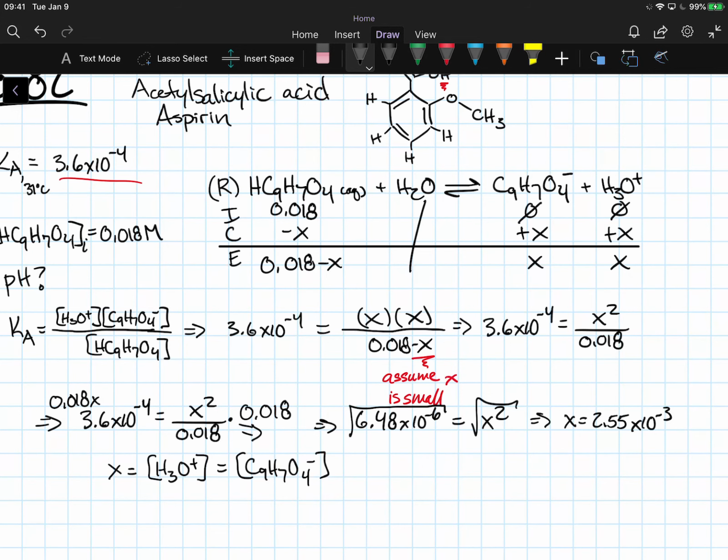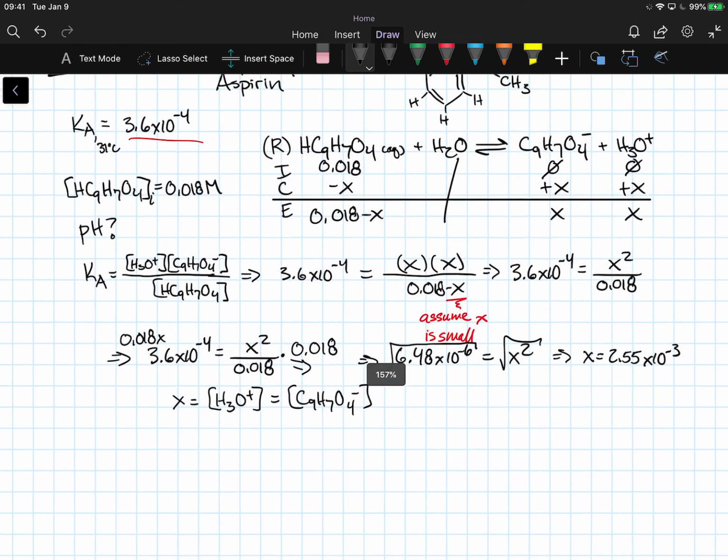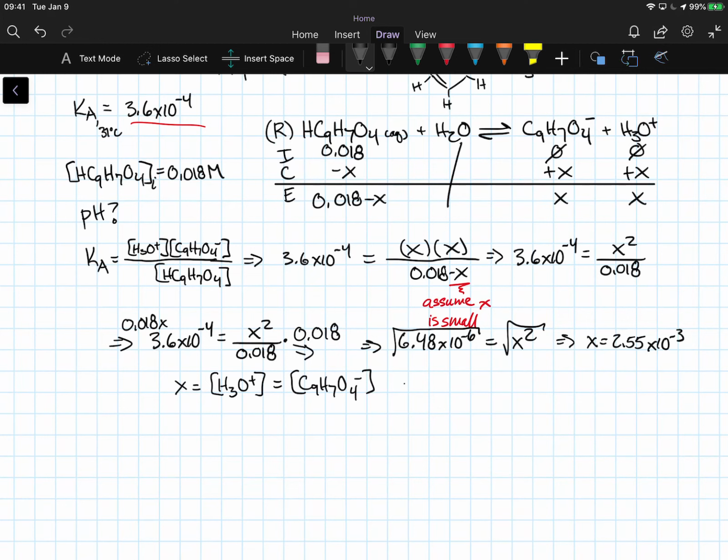But in this case, since we want the pH, we're just going to need the H3O plus. So pH is equal to the negative log of the concentration of H3O plus. In this case, our pH is equal to negative log of 2.55 times 10 to the negative 3rd. You just crunch this number out, and you get pH is equal to 2.6.